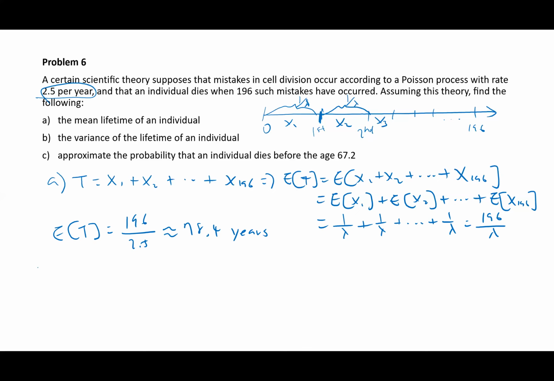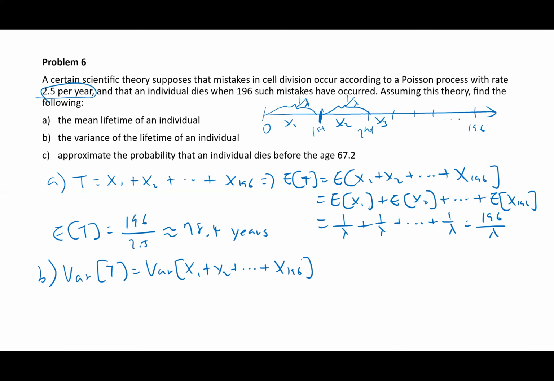Okay. Part B, I wanted the variance. So it's the variance of T, which means I'm finding the variance of X1 plus X2 all the way to X196. I did a similar problem earlier in the homework set.